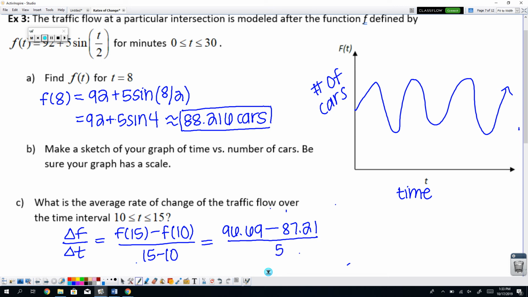So I'm going to make sure that I put that in the calculator. That way, if any of my rounding changes the answer from my answer key, minus over 5. So that gives me 1.896. And that's going to be cars per minute.